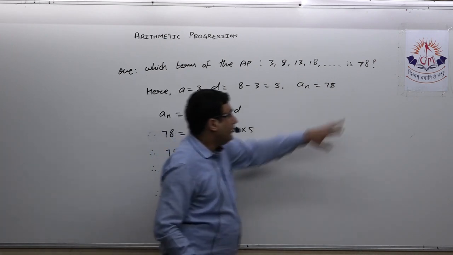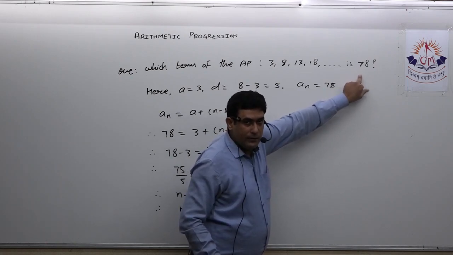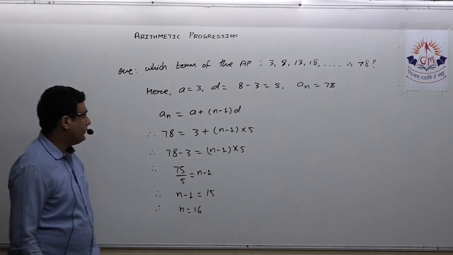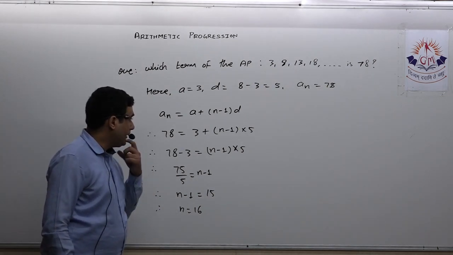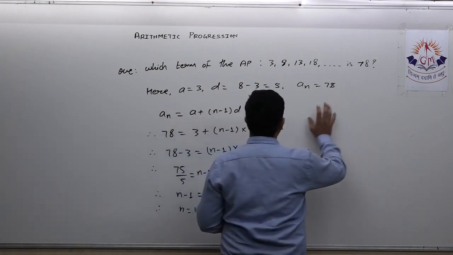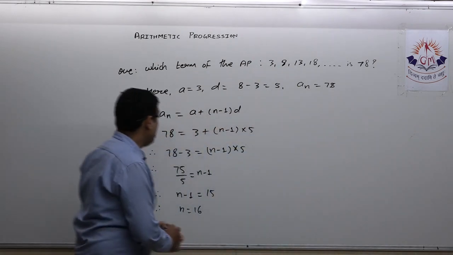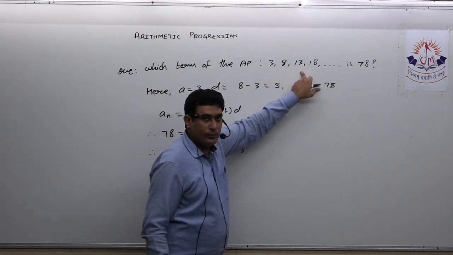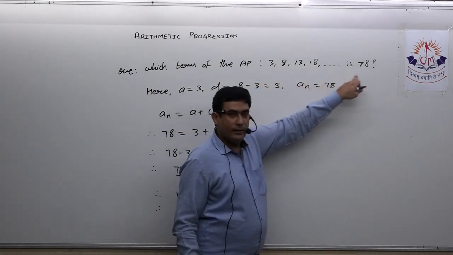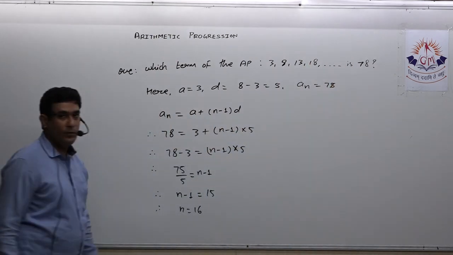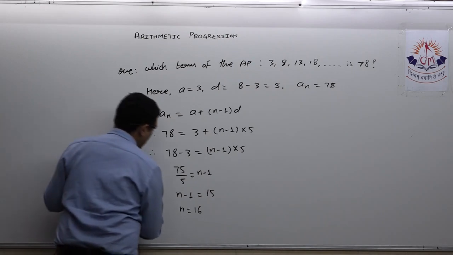That means the value of the 16th term is 78. Or 78 is at the 16th position. For example, this is at the second position, this is at the third position, fourth position. In that way, if you write all the terms, definitely at the 16th position you will get the value 78.